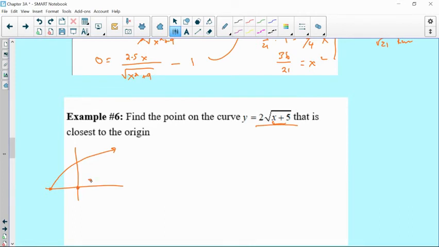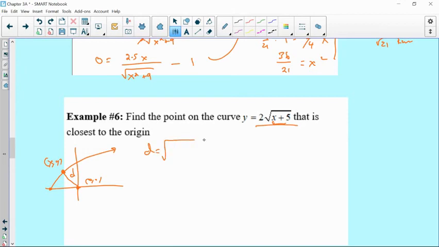Here's the origin. So the origin is 0, 0. And it looks like maybe around here, at that point x comma y, that might be the smallest distance. But what we need to do is write an equation that represents the distance from any point x, y on this curve to the origin. So that's the distance formula.